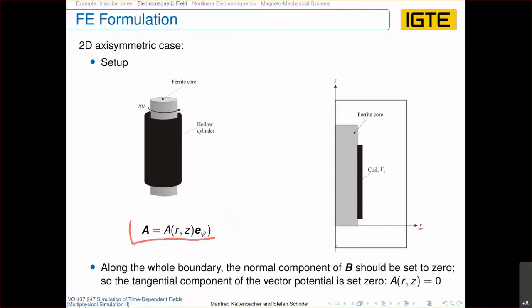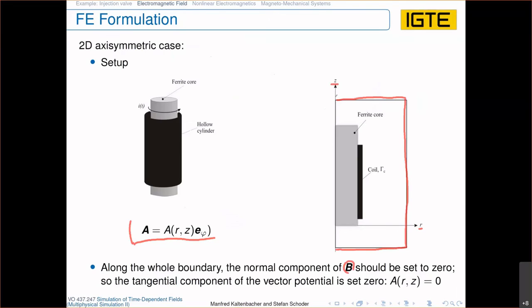As we have discussed, this also holds true for the axisymmetric case: along this boundary we should clearly have no magnetic flux lines going out, which means the normal component of B should be 0 here.